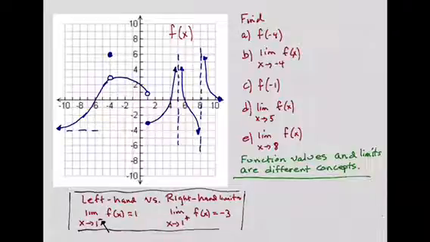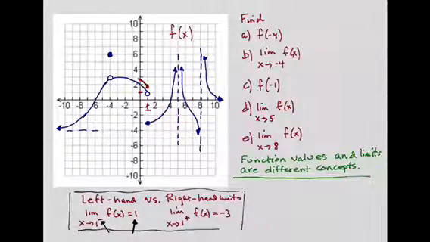That means I am coming, and here's 1, and I'm wondering what y values, as x gets closer and closer to 1, what y value is it taking on? Well, the y value it's taking on is 1, and so the limit of that y value is 1.